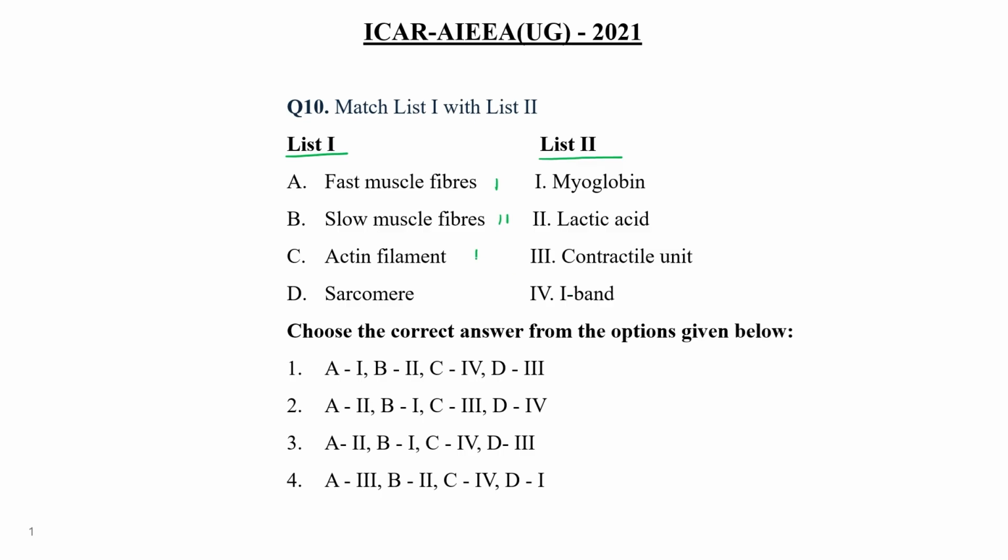Okay, C with the 4, and the contractile unit, the whole contractile unit, in which some part of the I band, then the A band, then the I band is present. That whole contractile unit is known as sarcomere. So D comes with the choice number 3. So this must be the sequence pattern: A with 1, B with 2, C with 4, and D with 3. So choice number 1 would be the correct answer of this question.